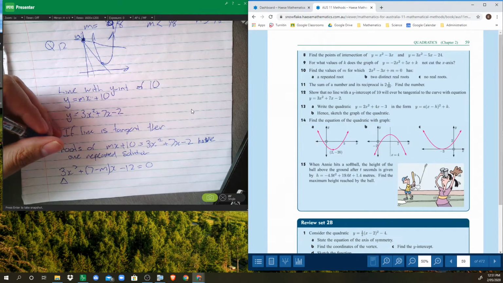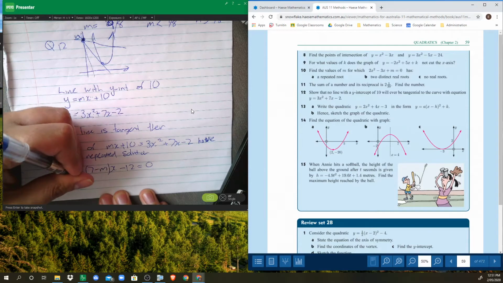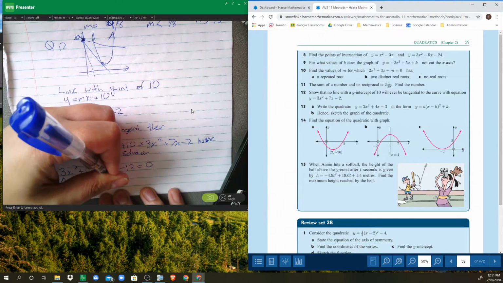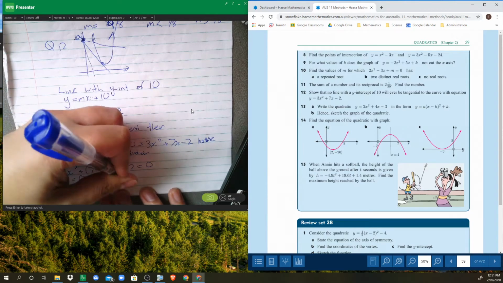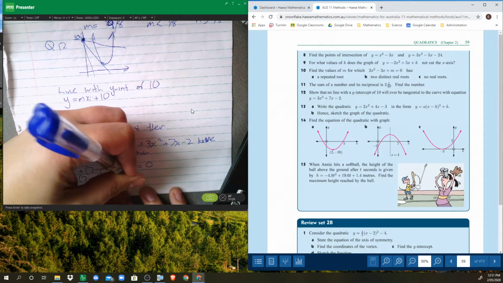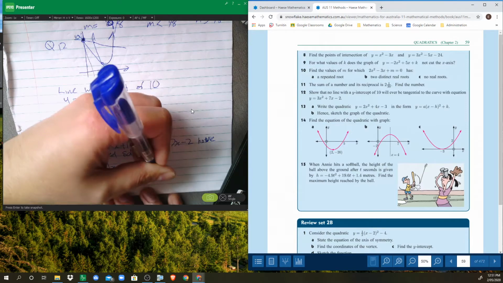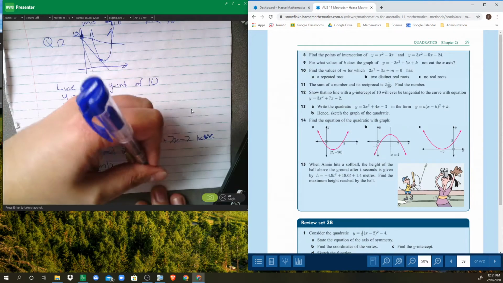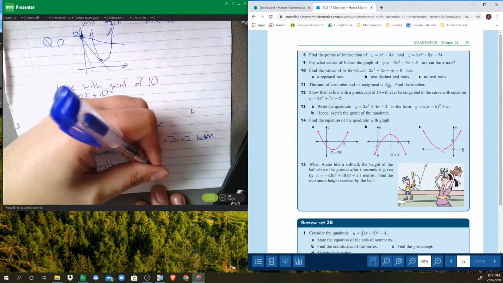So the discriminant is b squared minus 4ac. We're going to see if we can make that equal to 0.